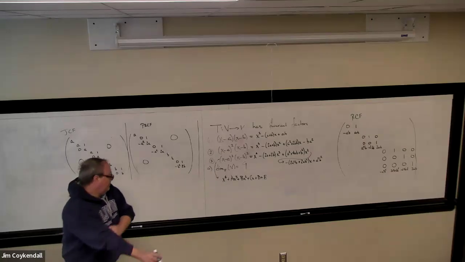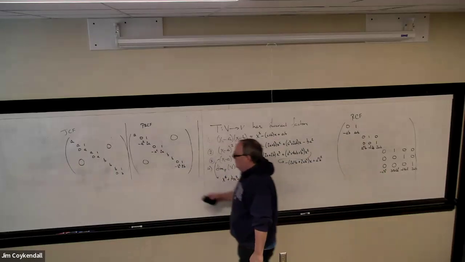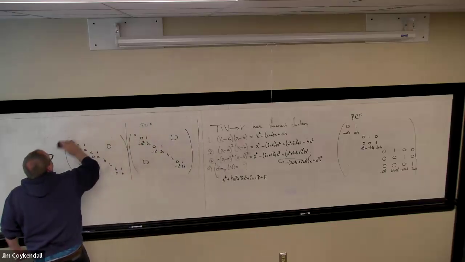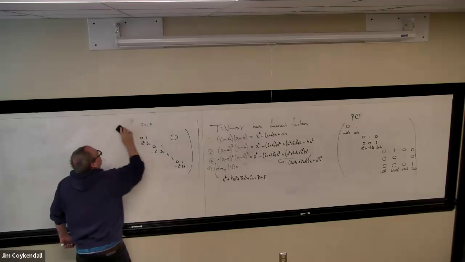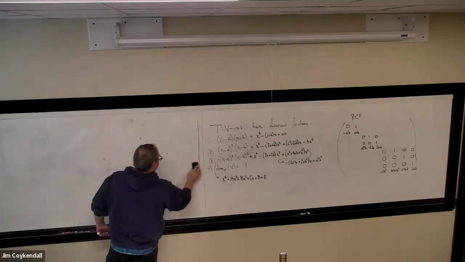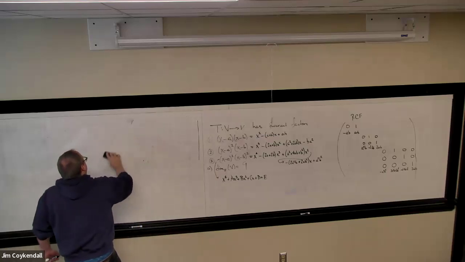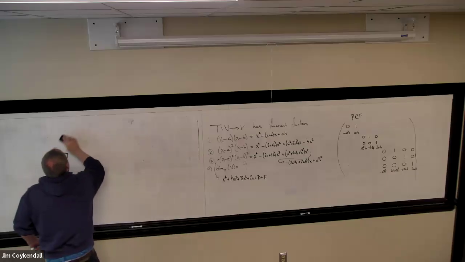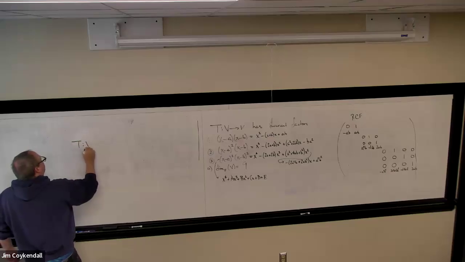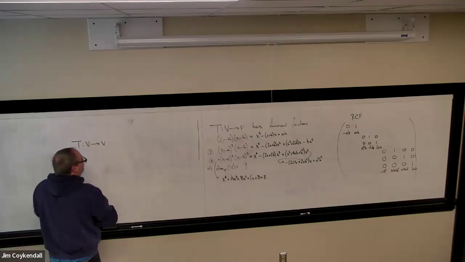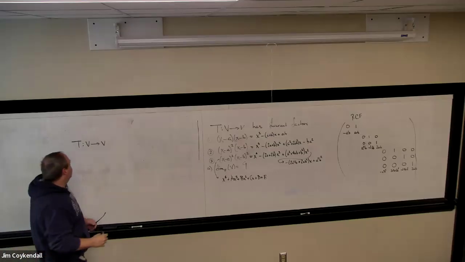Right, so if you take the subspace, so you have T that goes from V to V. In fact, this is almost exactly like the stable fields we were talking about.